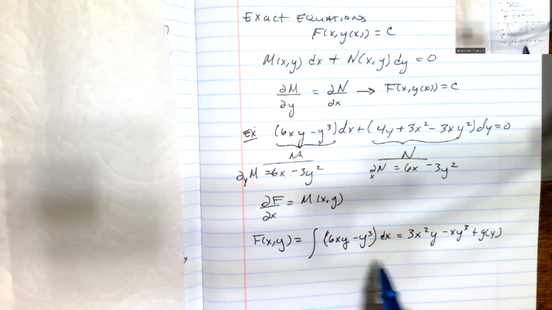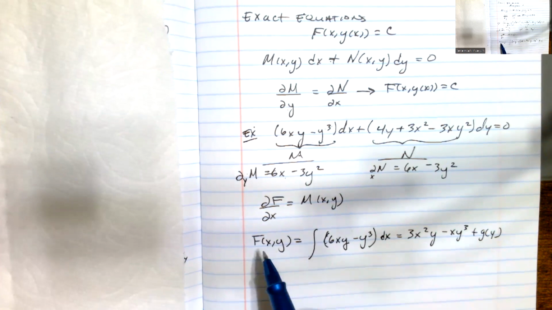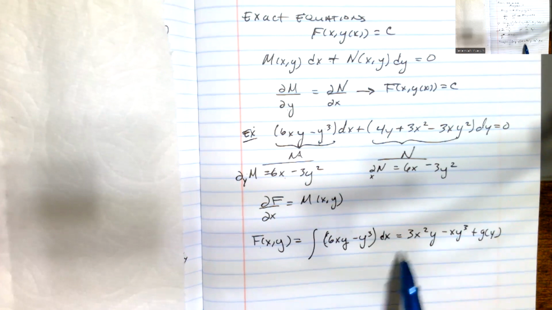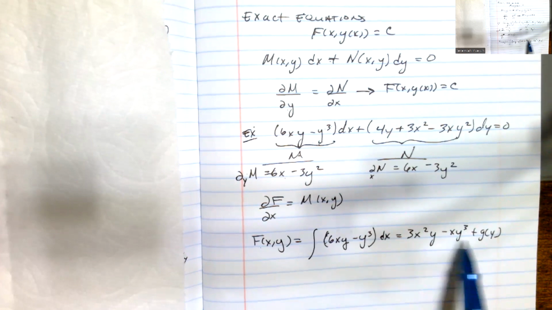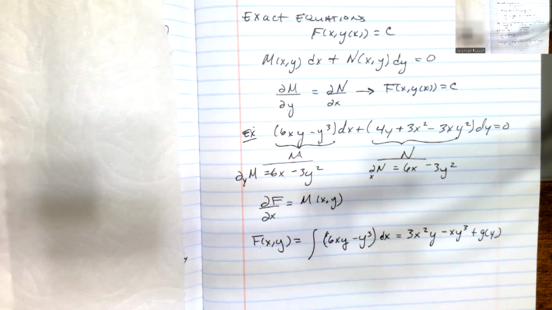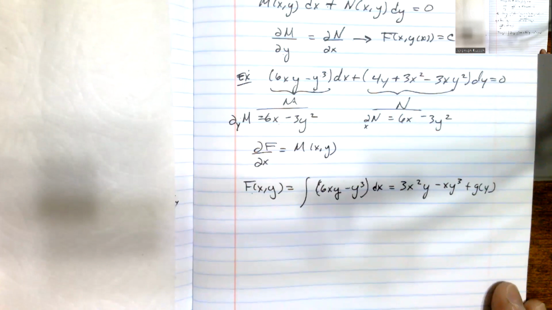The arbitrary function of y comes from the fact that if I differentiate F with respect to x, this is a constant and it disappears. And the derivative of this is this, which was our M that we saw earlier. Now we also have an N of x and y that we can utilize to compare.